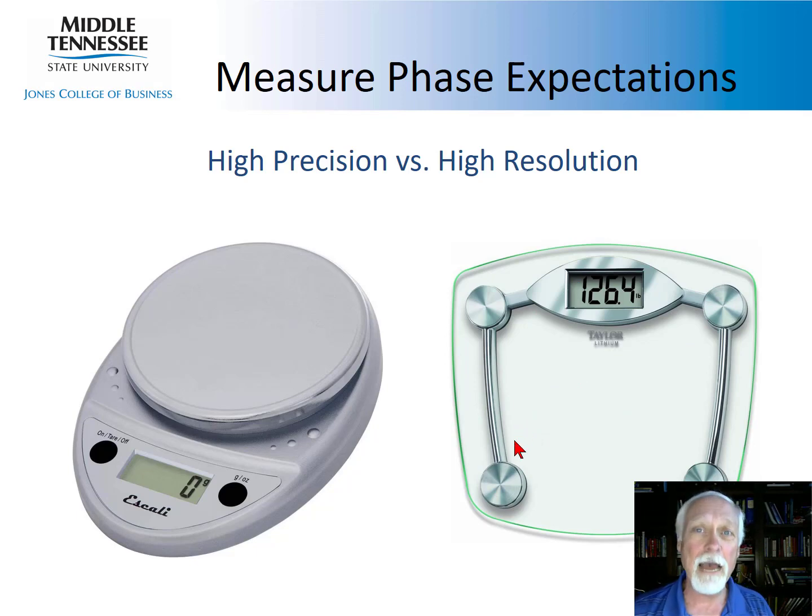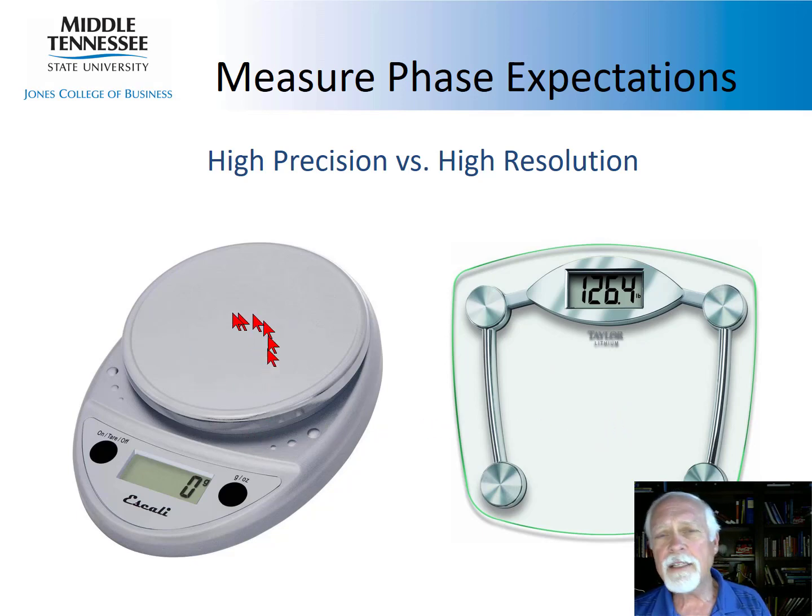That's the name of it, the High Precision Lithium. So it must be precise, right? Because it's in the name. I don't want to use this in the bathroom because it won't go up to my weight. It won't even accommodate my weight. But I don't want to use this one, even if it's good and clean, I don't want to use this one in the kitchen.